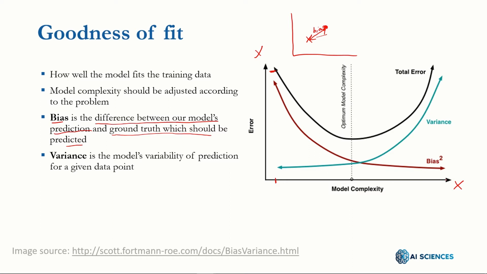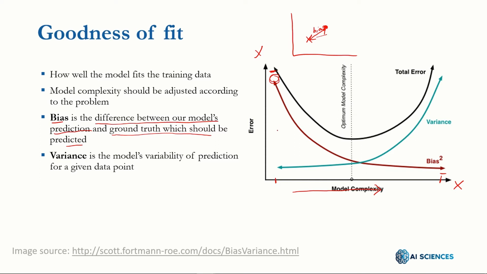When we increase the model's capacity, its power of learning increases, it learns very well, and the loss should be very small. But we have to stop somewhere in between. If the model's complexity is low, the bias is high. High bias means the error is high, and as we move towards higher complexity models, the bias starts coming down, and the variance, which is shown here in green, starts increasing.